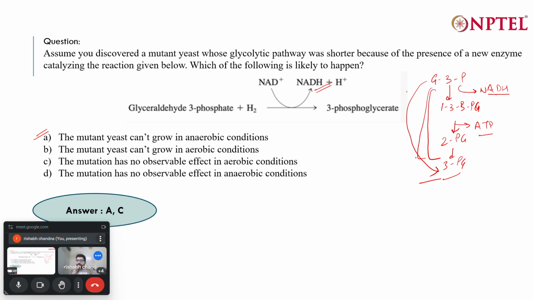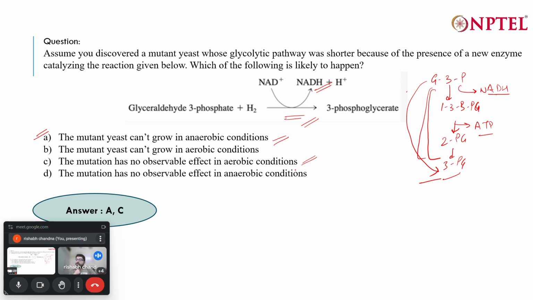Okay, so that means the presence of this new enzyme will not affect the glycolytic pathway as such. So the yeast would be growing in the same environment as it was before, or in the normal wild type case. Okay, so that means it cannot grow in the anaerobic conditions, and it will not have any observable effect in the aerobic conditions.